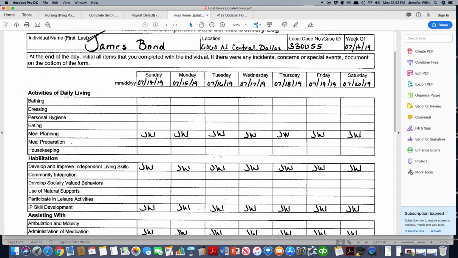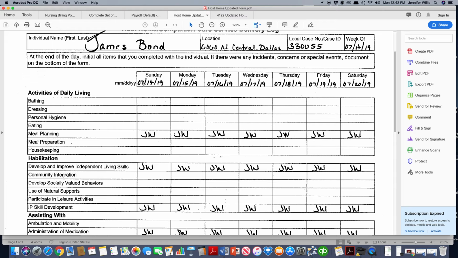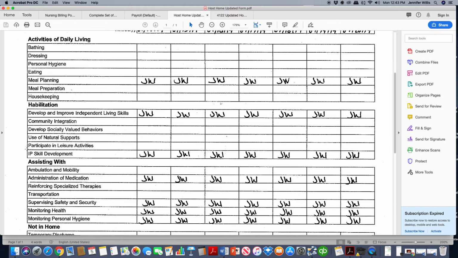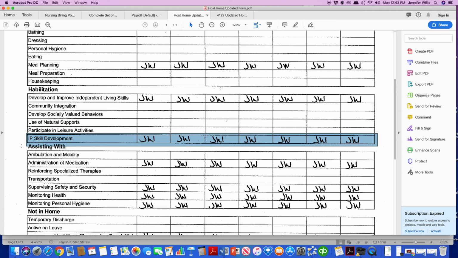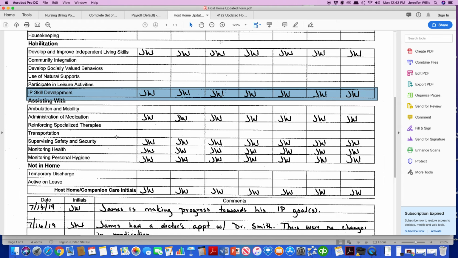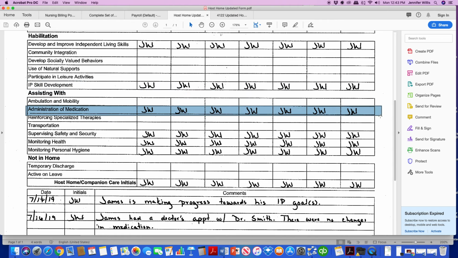I have basically written this out. I've got my Sundays, I've got my days initialed as well, and my IP skill development box is completed as well. Again, every box does not have to be initialed at all. If you administered medications, which most individuals are, then you also want to make sure that this box is complete as well.